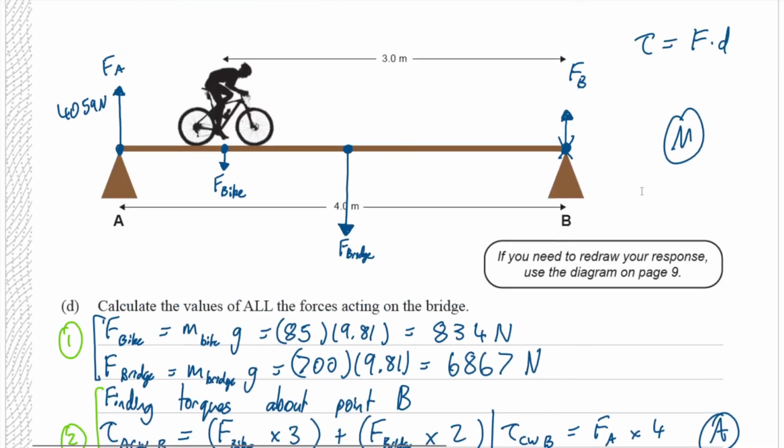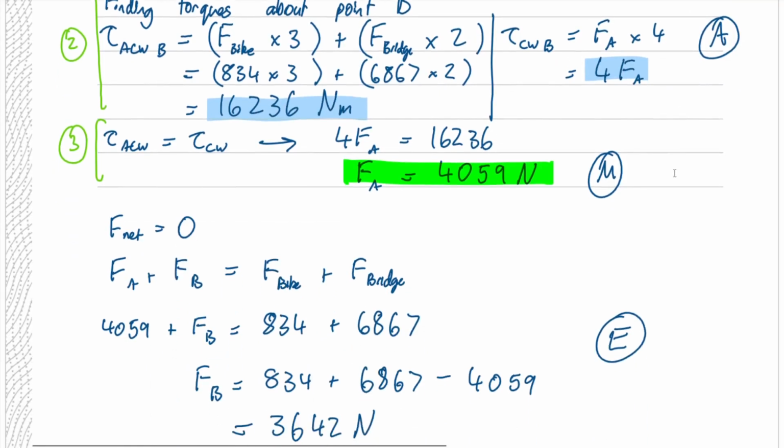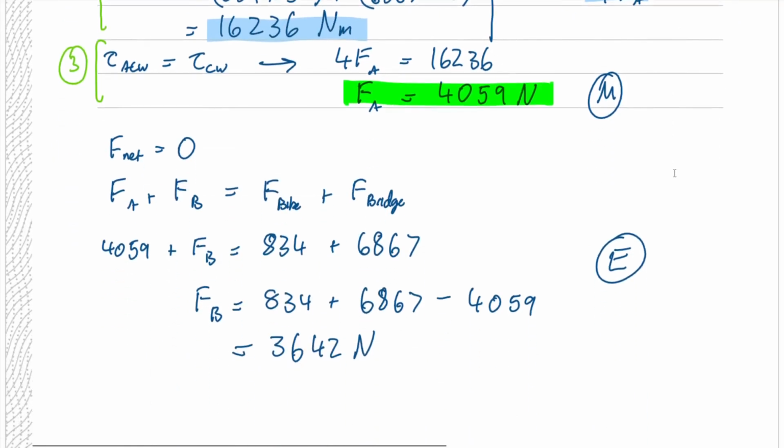At this stage, we know the support force at A, F bike and F bridge. And since there's only one unknown, namely FB, we can use the first condition of equilibrium, that the net force must be 0.